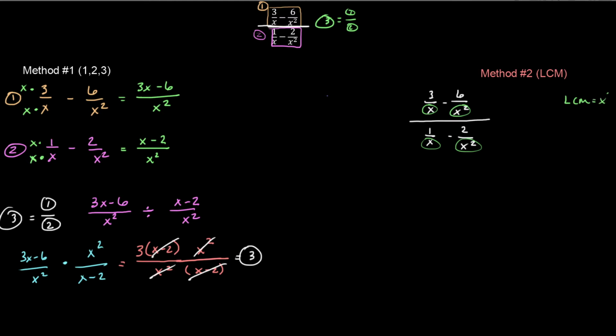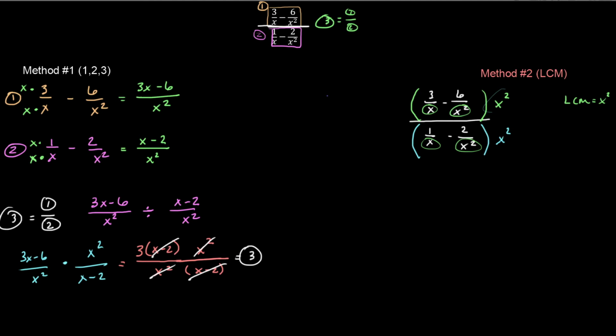is x squared. What I'm going to do then is, instead of trying to get common denominators and combining fractions like I did in the first method, I am going to choose to multiply the large numerator, so the 3 over x minus 6 over x squared, all of that by x squared. And I'm also going to multiply the large denominator, the 1 over x minus 2 over x squared. That's going to be multiplied by x squared as well. So you notice that I still have this x squared over x squared.